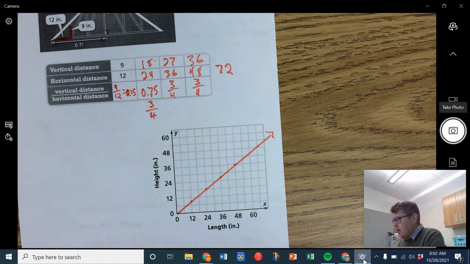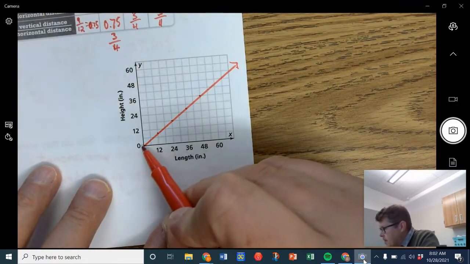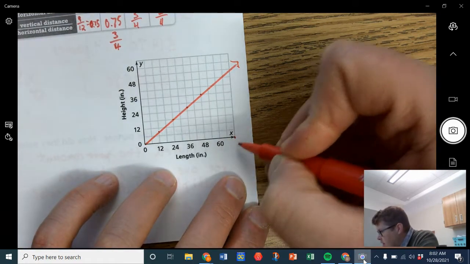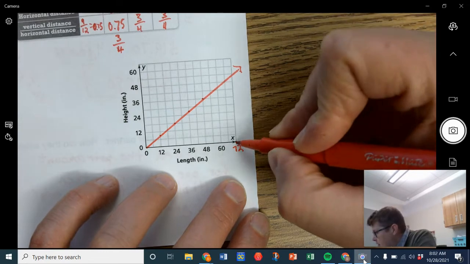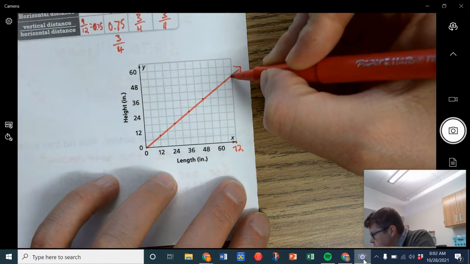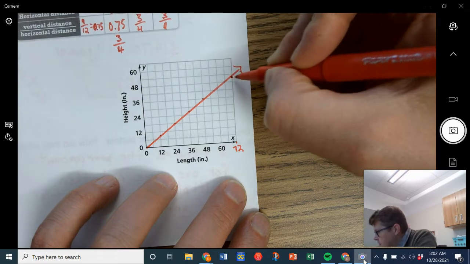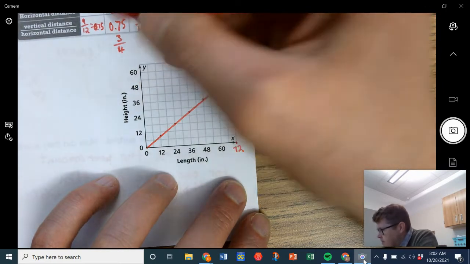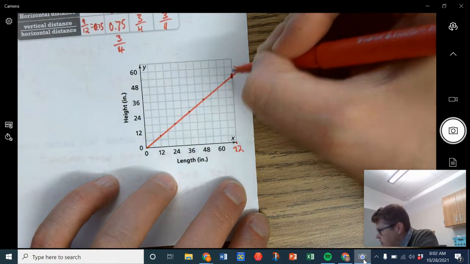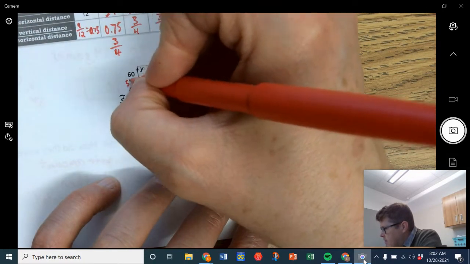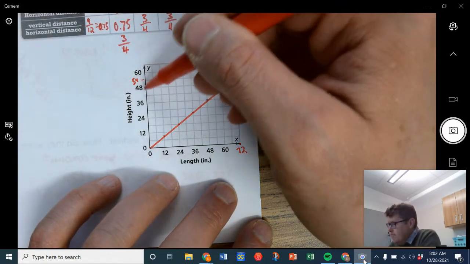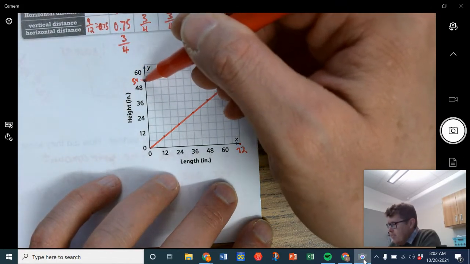Okay, so we know the horizontal distance is going to be 72 because 6 times 12 is 72. We can use our graph to do this, because this goes up by increments of 12, even though it's not labeled. This right here is 72. So we can go up on our graph and find where it goes through. It's halfway between 48 and 60, so that's 54, because the difference is 12 and if you add 6, which is halfway, you get 54.